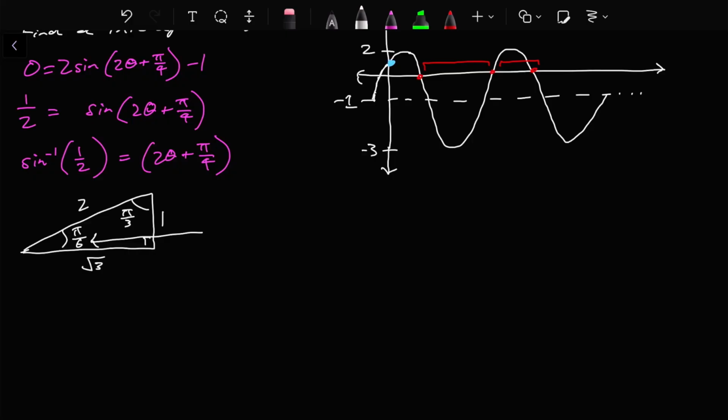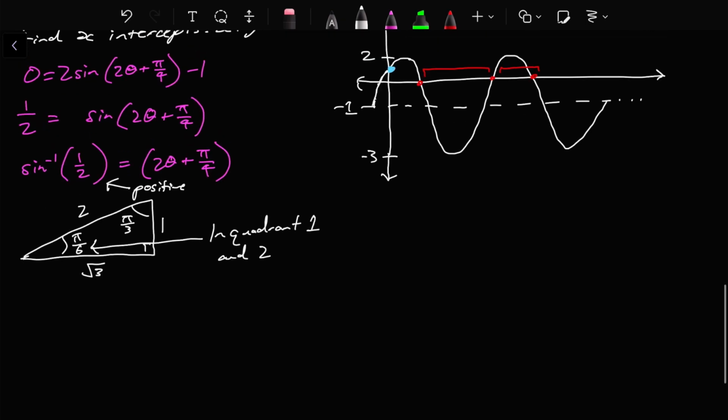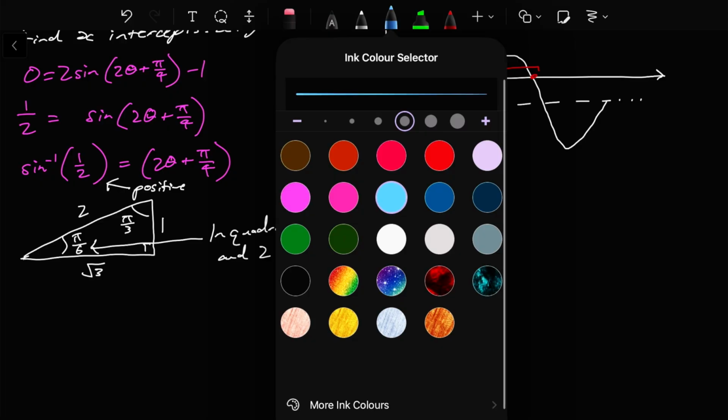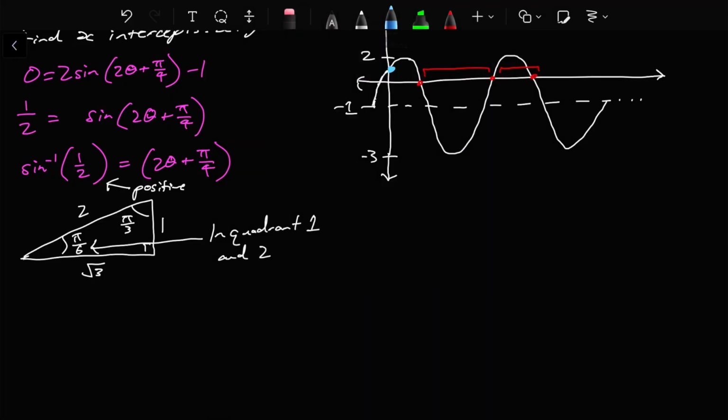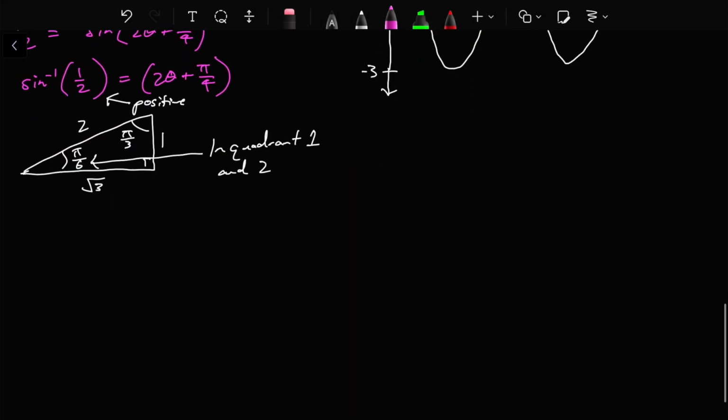And we're going to say it's going to be in quadrant 1 and 2 because this thing was positive. Okay? So we can write our equation out. I'm going to write them in 2 different colors so we can see what we mean by adding in the extra ones. Pi on 6 and 5 pi on 6 are 2 solutions.